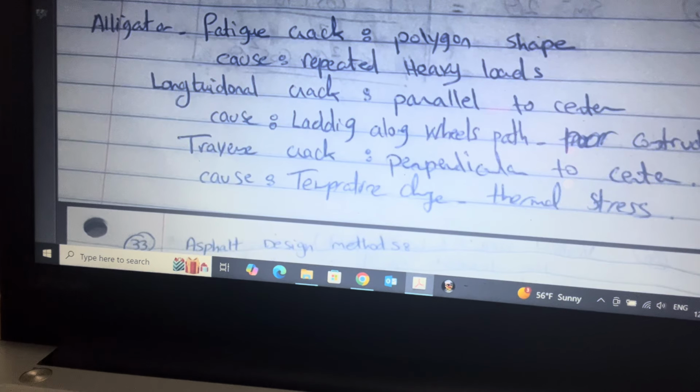We have also the longitudinal crack, and it's parallel to the center of the pavement, and the cause is loading along the wheel path and poor construction joints. We have also the transverse crack, which is perpendicular to the center, and the cause is temperature change or thermal stress.